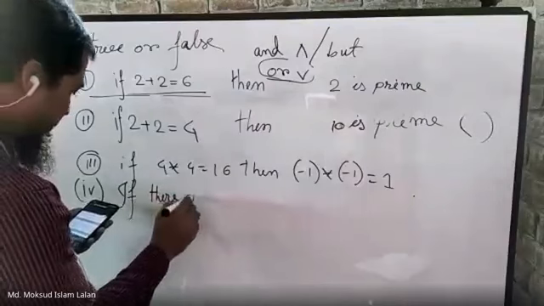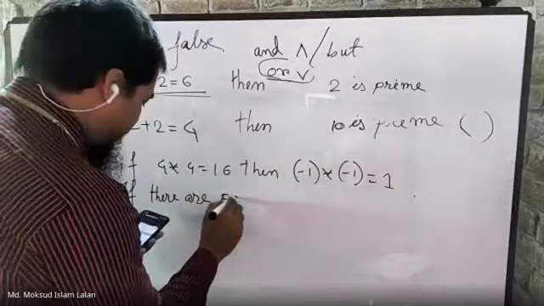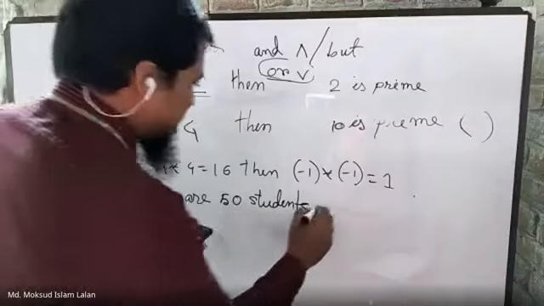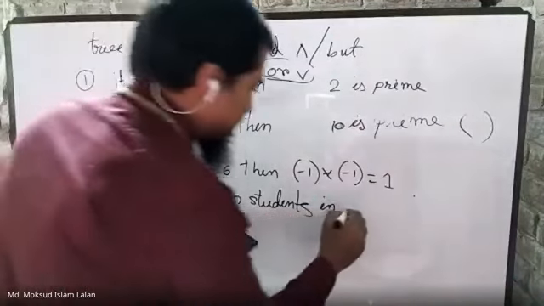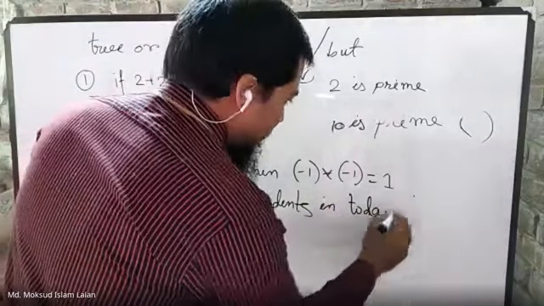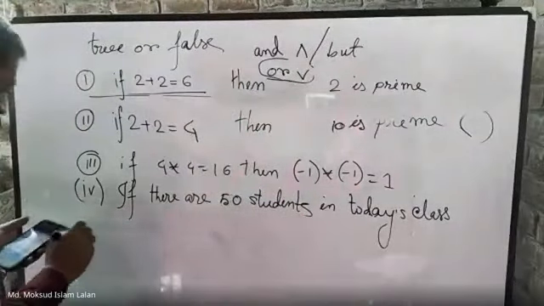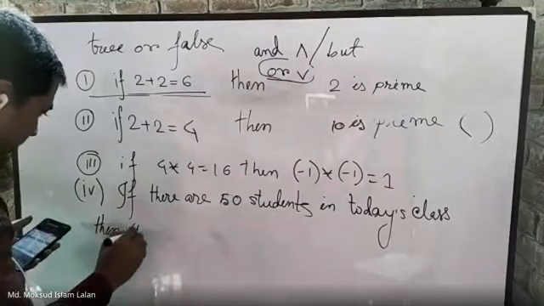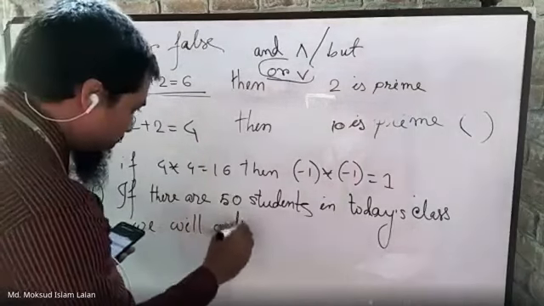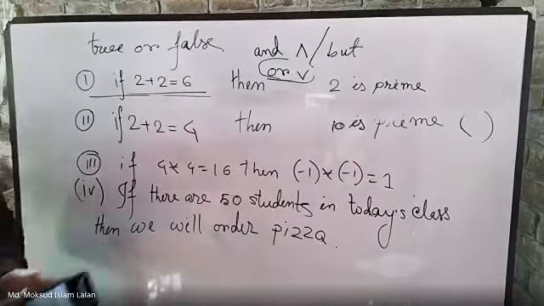If there are 50 students in today's class, then we'll order pizza. So which one is true and false?